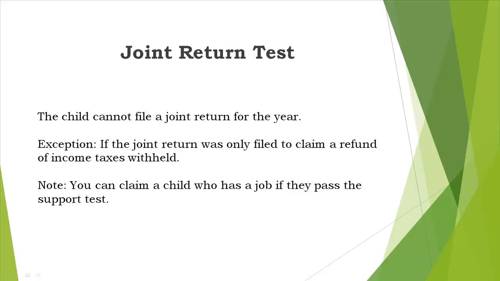This also applies when you have a child who has a job. Some teenagers get jobs in high school or in college. If the child passes the support test and they're filing their own return, you can still claim them. They would file what's called a dependent tax return. So you would still be able to claim them on your tax return.